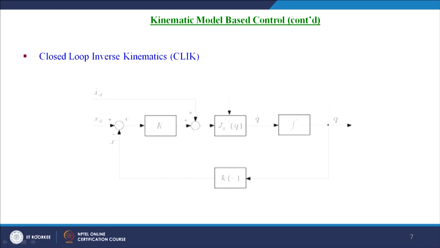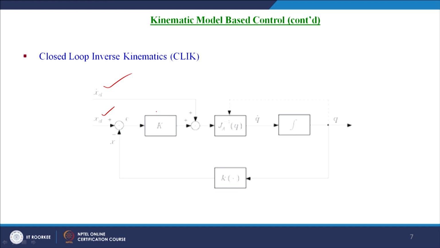Now, coming to the block diagram for CLIK, closed loop inverse kinematics. The block diagram is given in such a way that, given the desired trajectory in Cartesian space for the end effector tip, we have x d dot, x d.